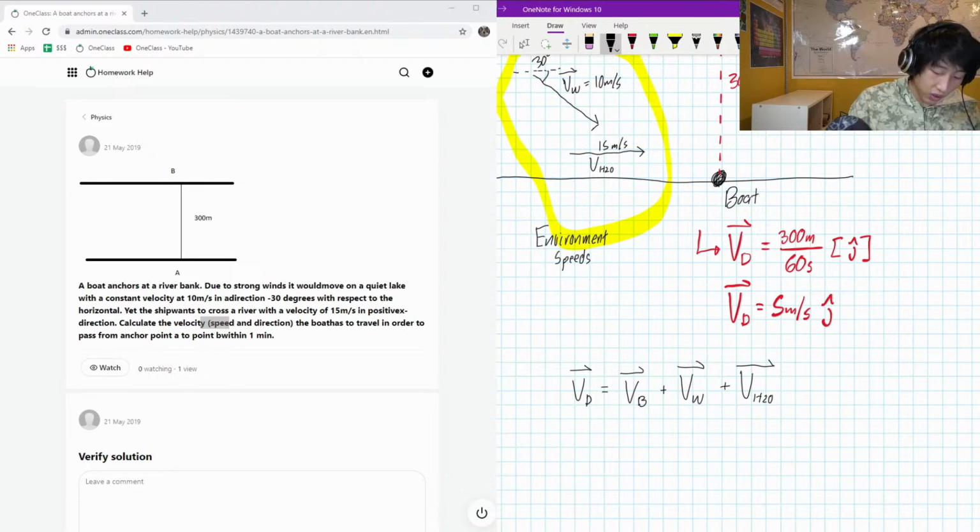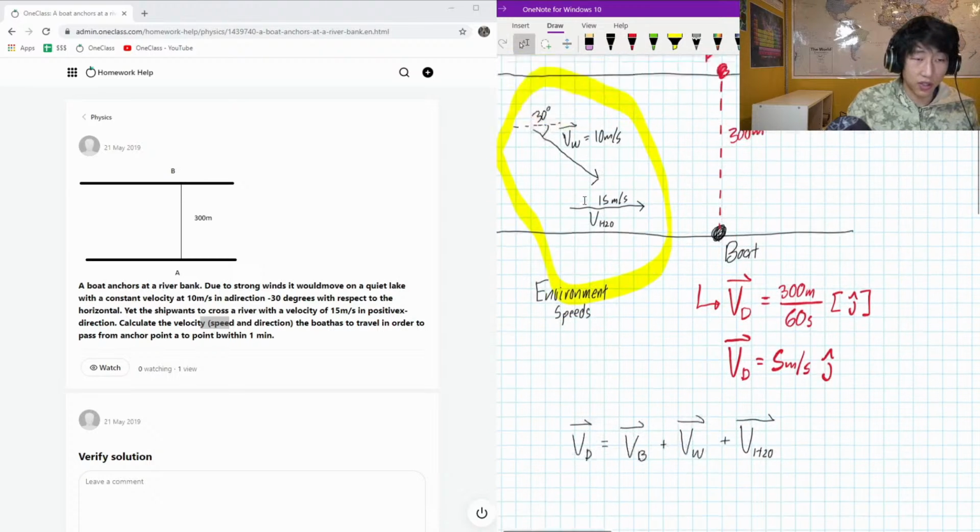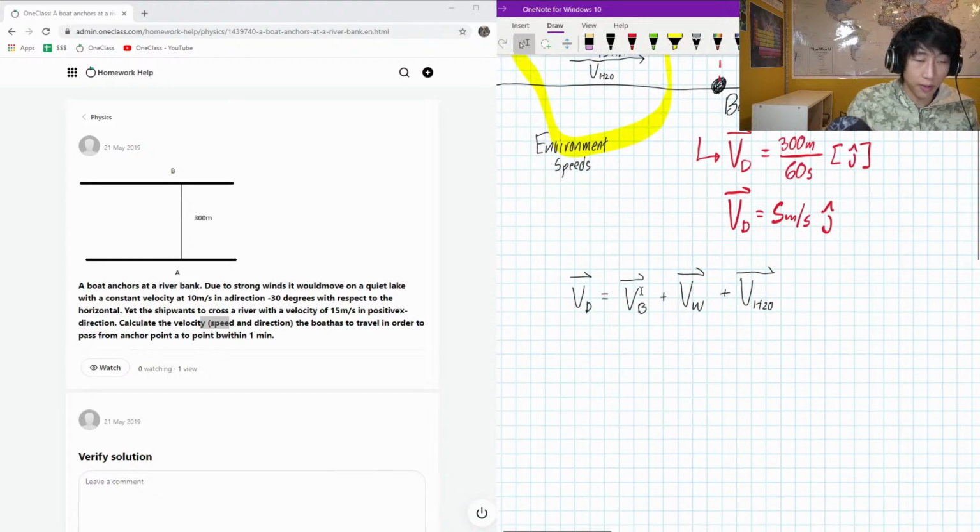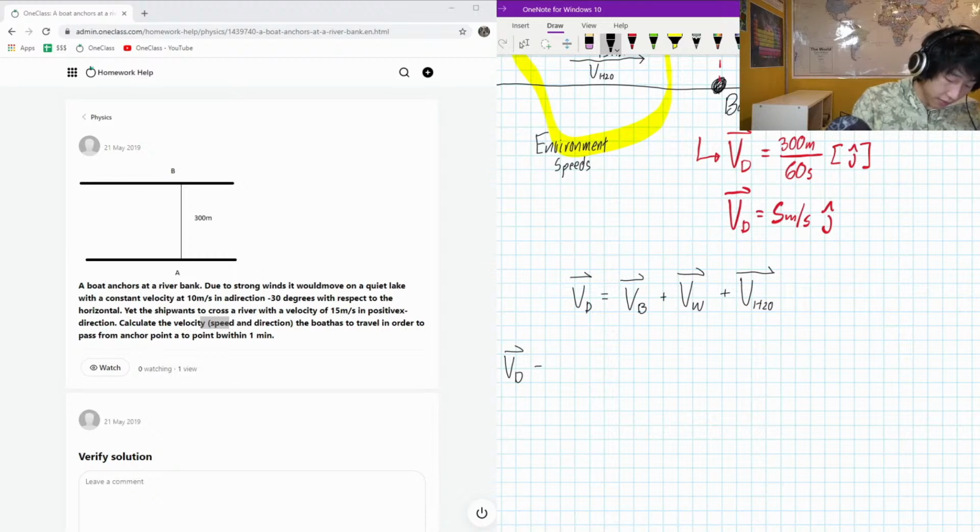We're given some of these terms directly, and we're trying to solve for VB. So just like typical algebra, we can take the VW, the wind speed, as well as the water speed, and bring it to the left side of the equation, isolating VB on the right side. But we got to make them negative. So VD minus V wind minus V H2O for water. Beautiful.